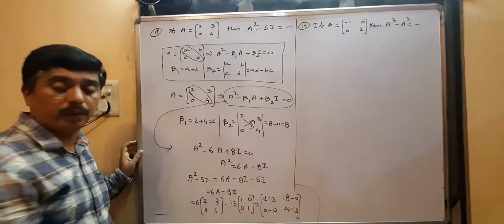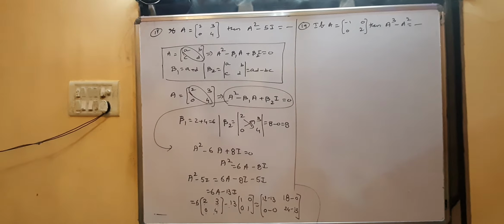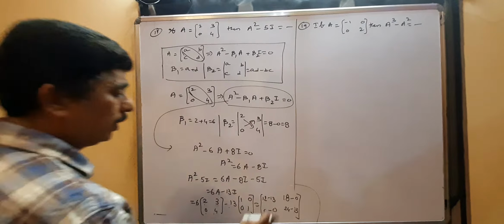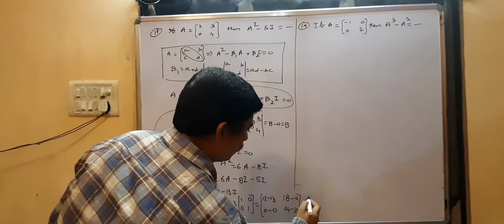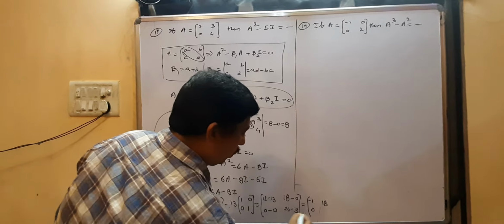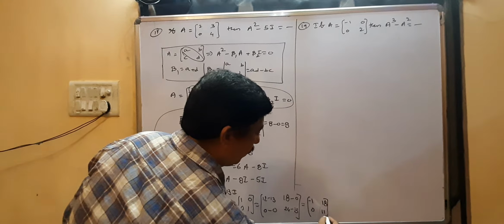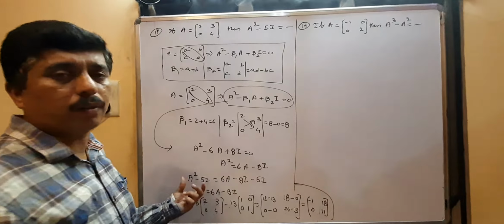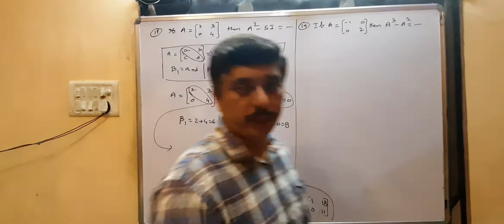Finally, we get minus 1, 18, 0, 11. This is the answer. This is one of the methods by using the characteristic equation.